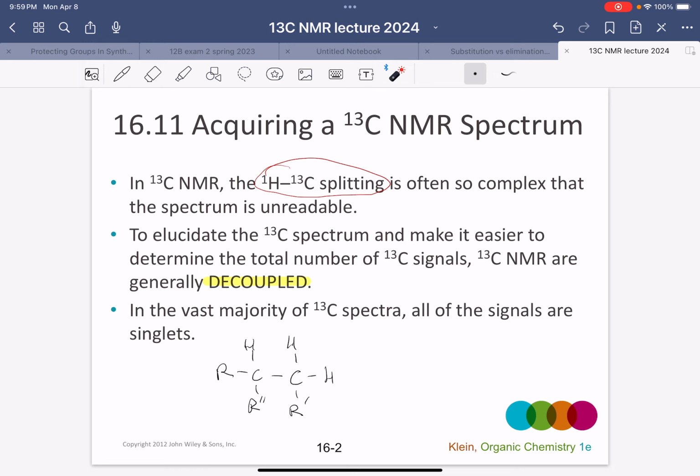Let's think about that for a minute. Why would that be? Well, we've decoupled things, so we don't have any hydrogen-carbon coupling. So the protons won't make the carbons split into multiple signals. Also, we have very few carbon-13 atoms.